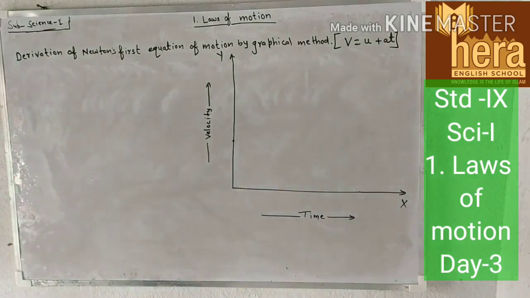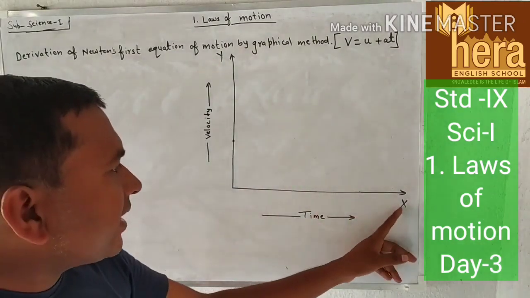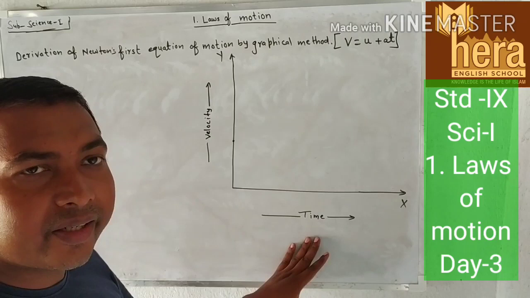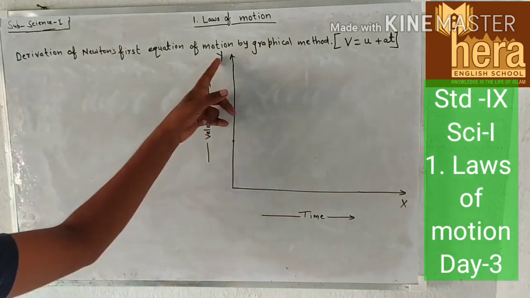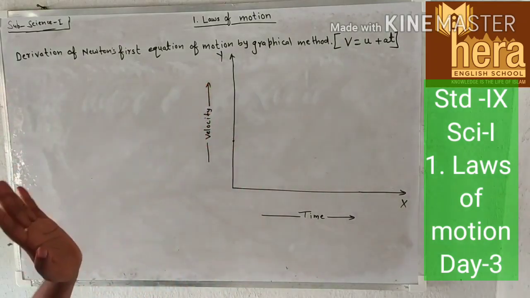This is the graph. On the x-axis, I have taken time. On the y-axis, I have taken velocity.